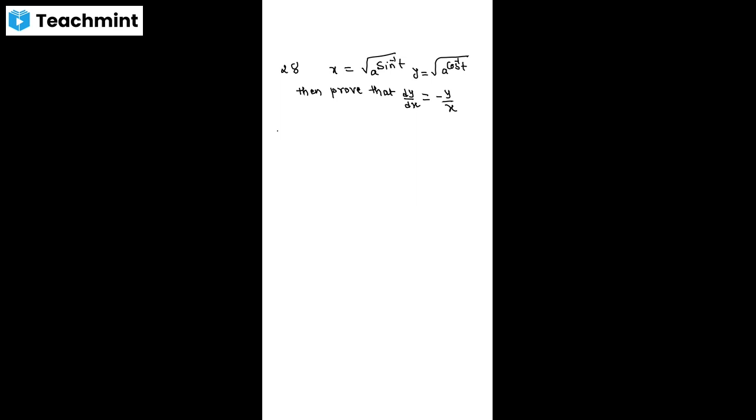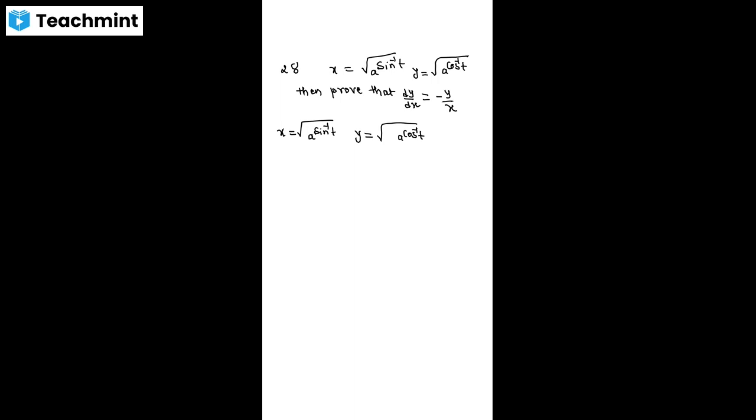You should know it. First we will express that x is equal to square root of a raised to sin inverse t, y is equal to square root of a raised to cos inverse t.